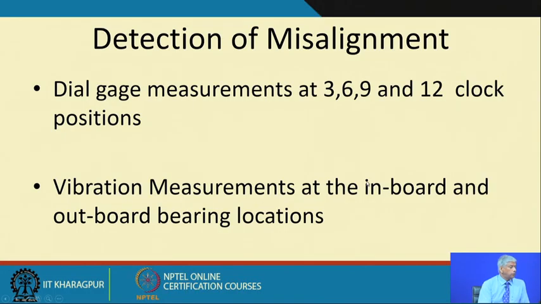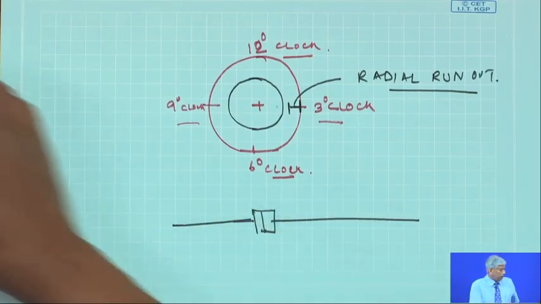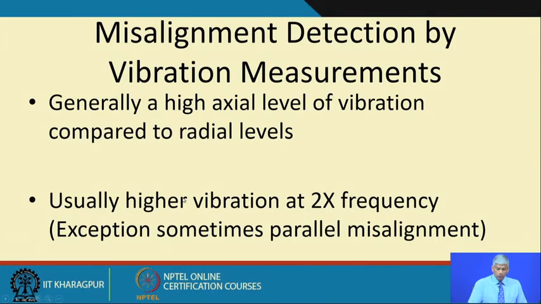And vibration measurements at the inboard and outboard bearing locations. So, you can measure the vibrations and then you can find out. But then from a vibration monitoring point of view, how do you detect misalignment? And that is very important.